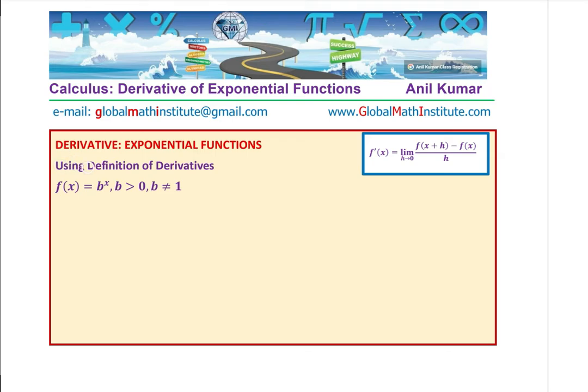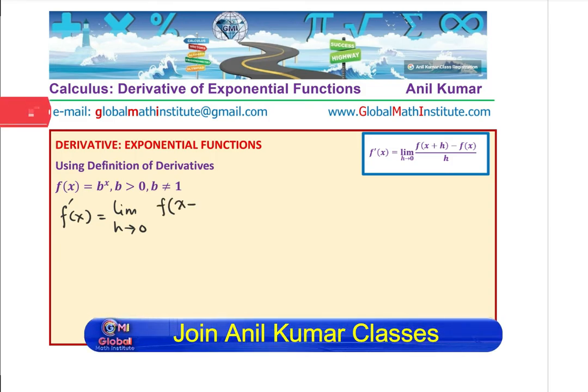So we are going to use the basic definition, which is that the derivative of any function can be found by the difference quotient method. So limit h approaches 0, f of x plus h minus f of x over h. So that is the definition.